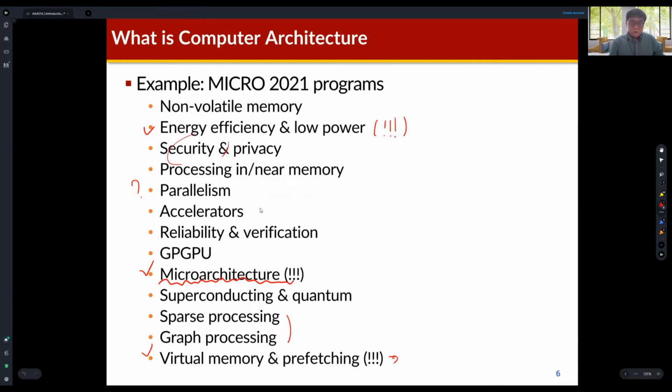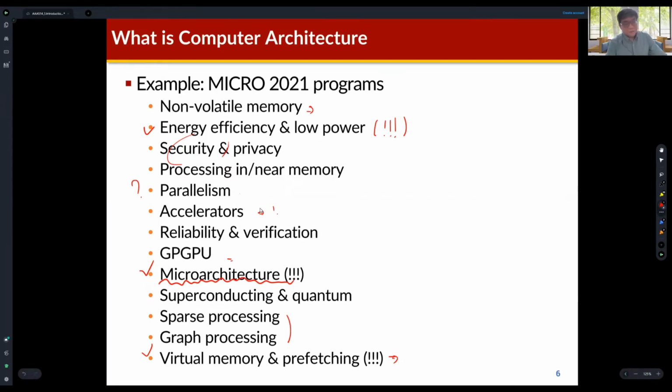Security, what's that? I'm not a security person, but we are working on security also, and this security is based on hardware security. And how about non-volatile memory? I'm not an EDA or digital system design person, but we need to know about some characteristics of non-volatile memory because memory is also changing recently. And then accelerators, what does that mean?